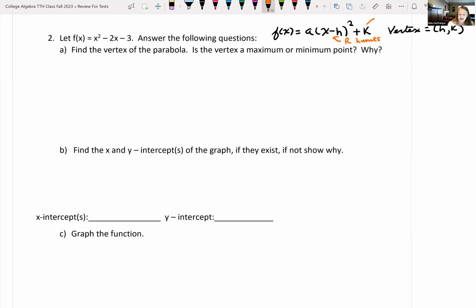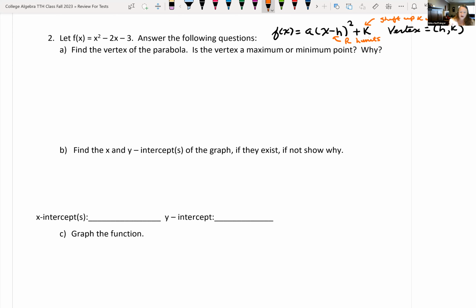And that plus k was our vertical shift. And so this shifted it up k units. Now, if those signs change, then those things would change also. But we can see that by transformations of functions, we would get h, k as our vertex, moving that vertex that was at the origin to that.